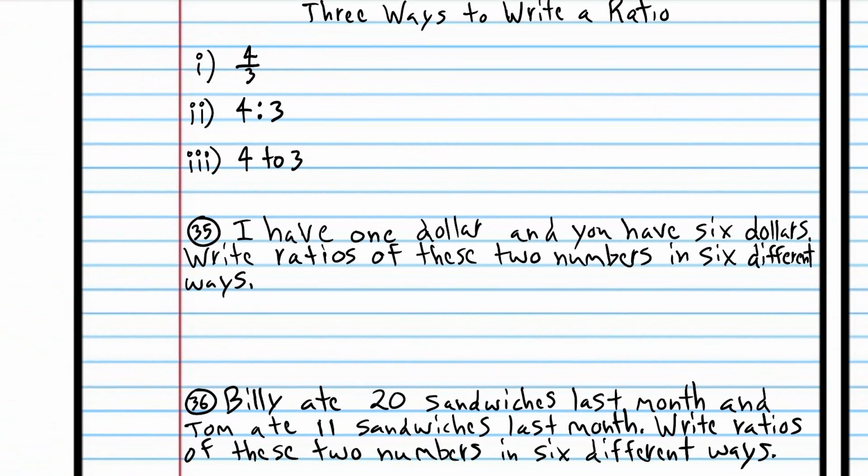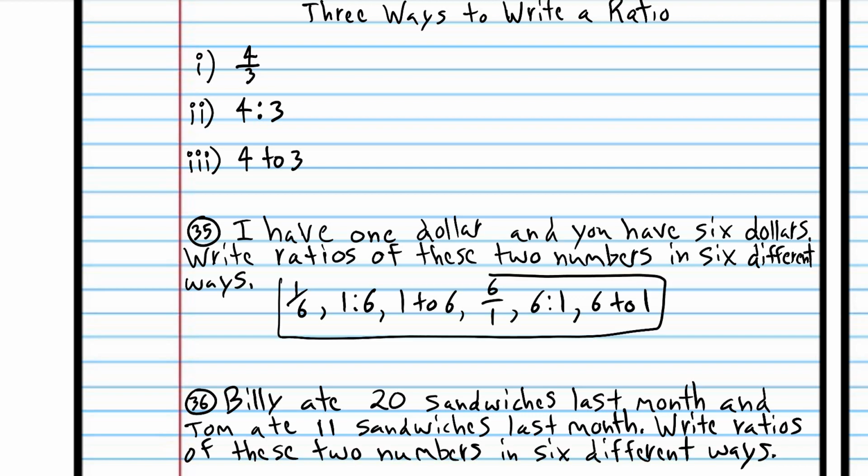We can write as a fraction 1 over 6, or 1:6 with a colon, or 1 to 6 with the word "to." On the other hand, we can also flip these and say 6 over 1 with a fraction, 6:1 with a colon, or 6 to 1 with the word "to."